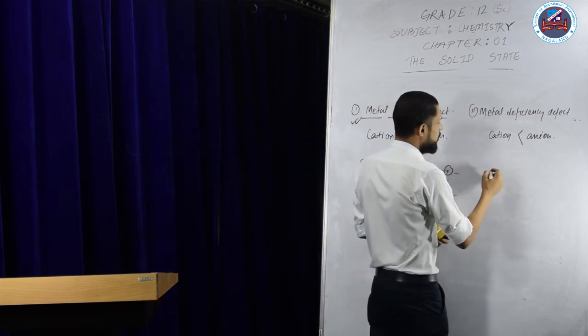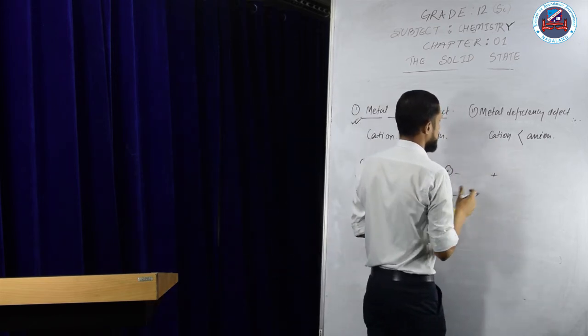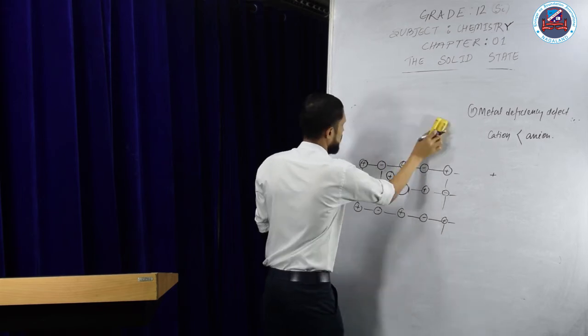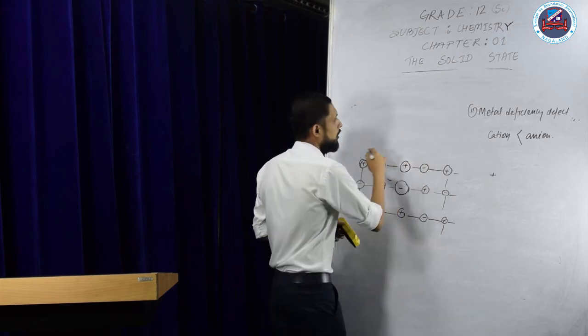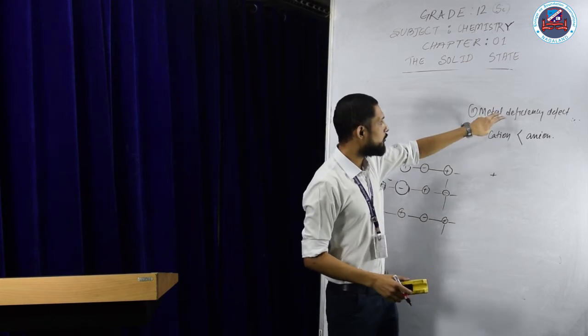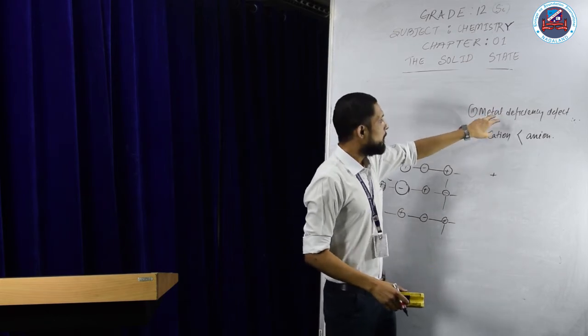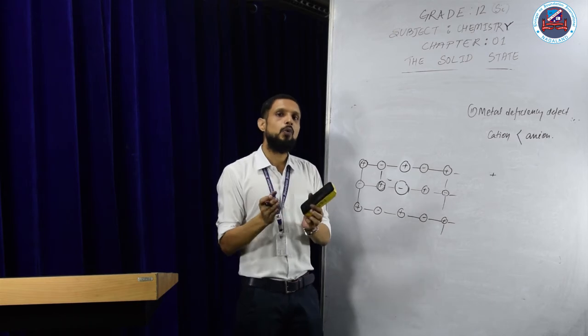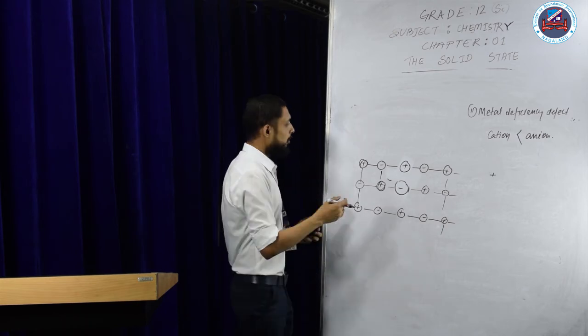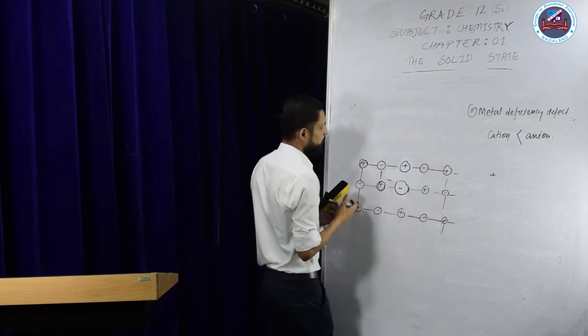In case of metal deficiency defect, the name itself speaks about the type of defect. That means the metal will be deficient. So say you have this crystal.